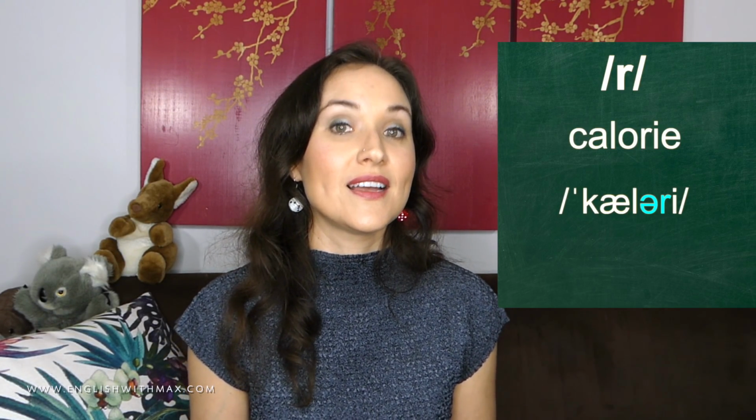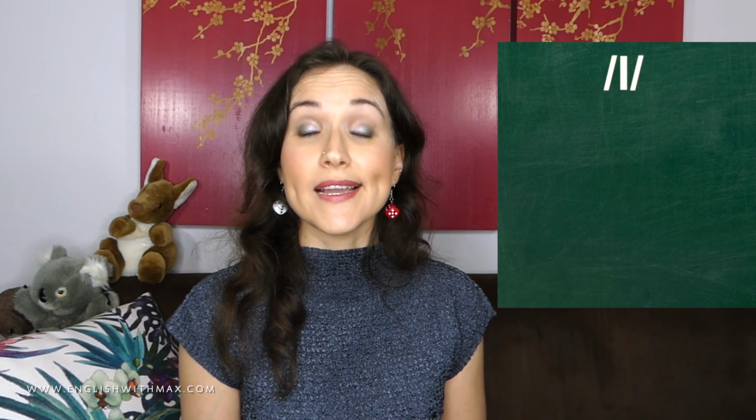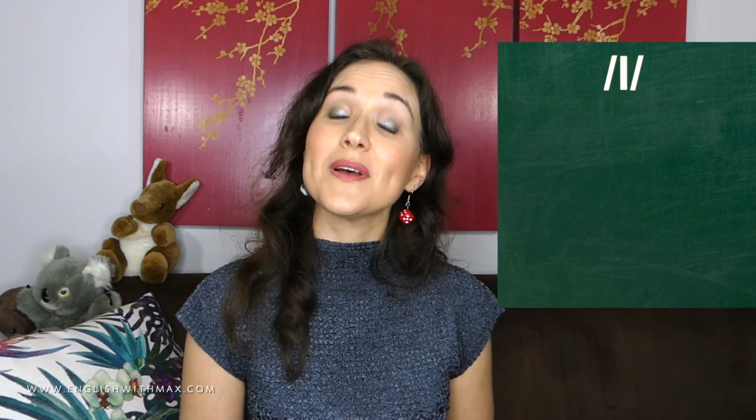So we say calorie. It's also quite common if a schwa is followed by a l sound, like in family. Remember, you can say family or family. But again, there are exceptions.